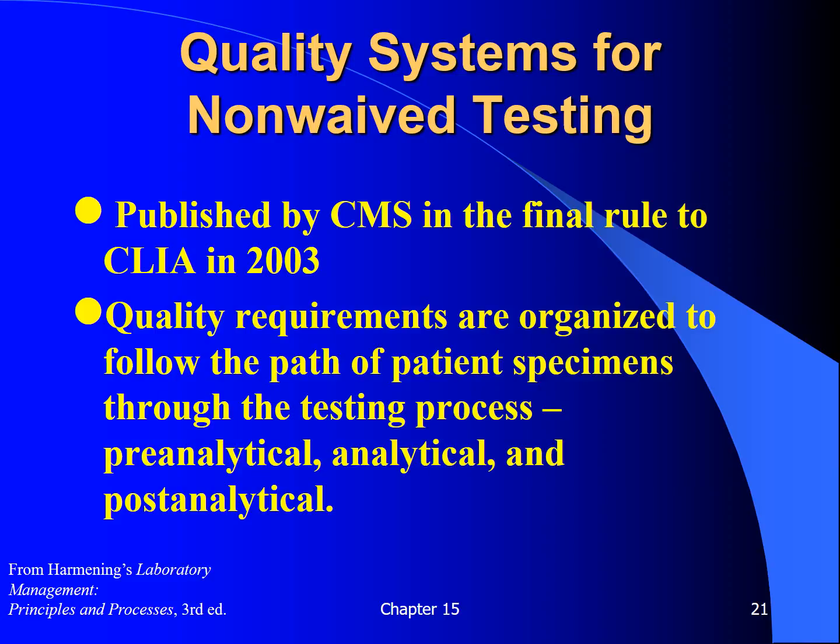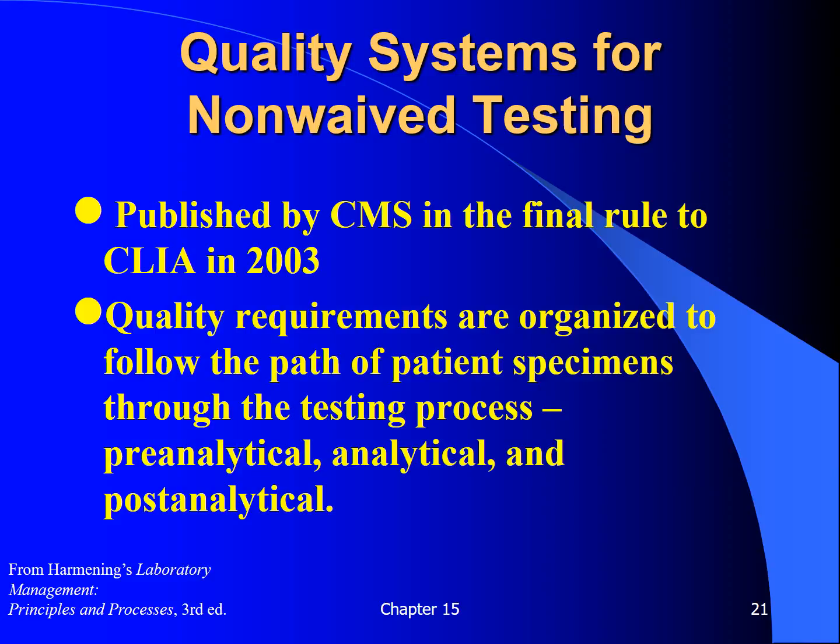Quality systems for non-waived testing represent the specified requirements for all non-waived testing, applicable to both the moderate and high complexity test categories. The pre-analytical requirements specify the information needed on each test request and the policies and procedures that must be in place for specimen submission, handling, and referral.